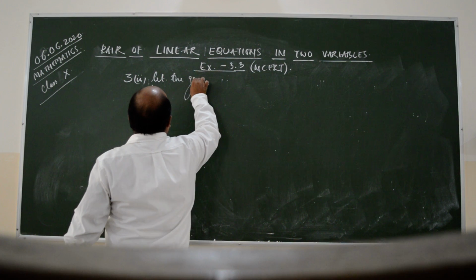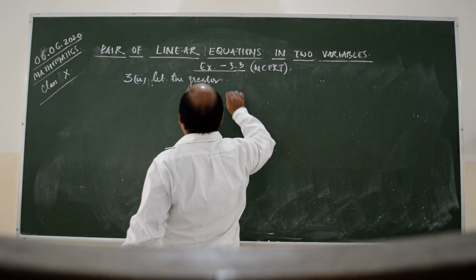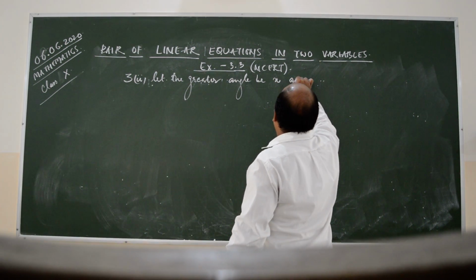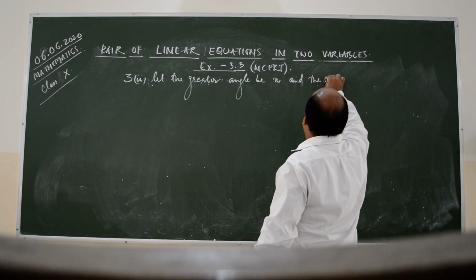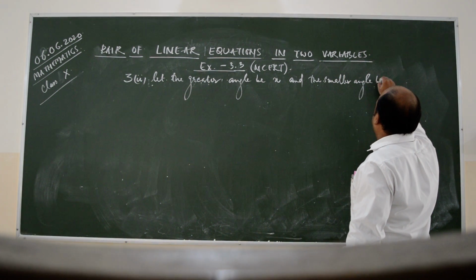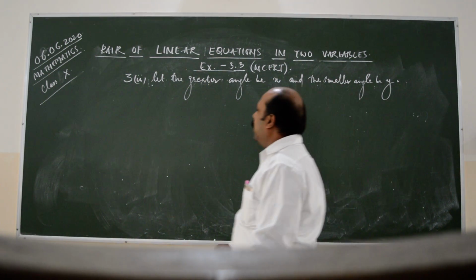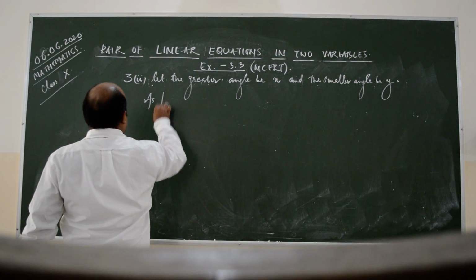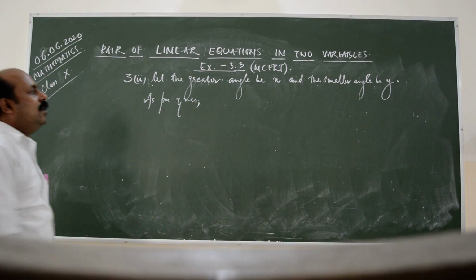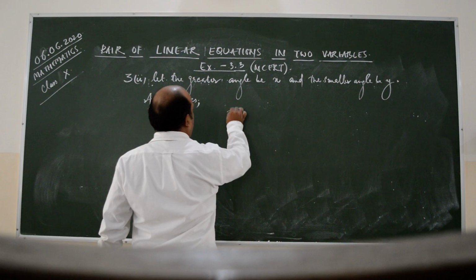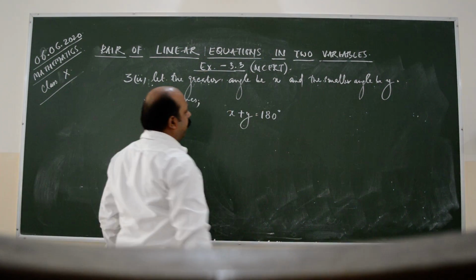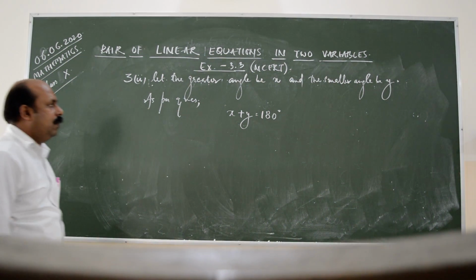Two angles are there, so let the greater angle be x and the smaller angle be y. So first condition, as per the question, these two angles are supplementary. So x plus y is equal to 180 degrees.